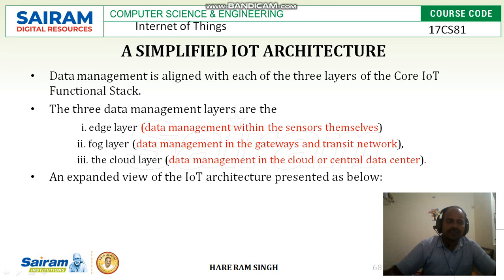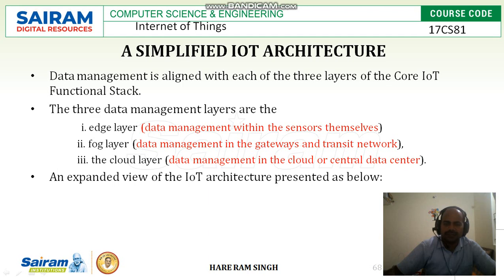Then the third one is the cloud layer, which is data management in the cloud or central data center. Once the data is transferred from the gateway or router, it will be sent to the cloud network or some central data center.